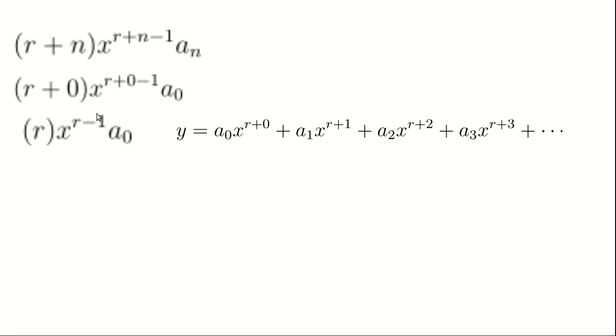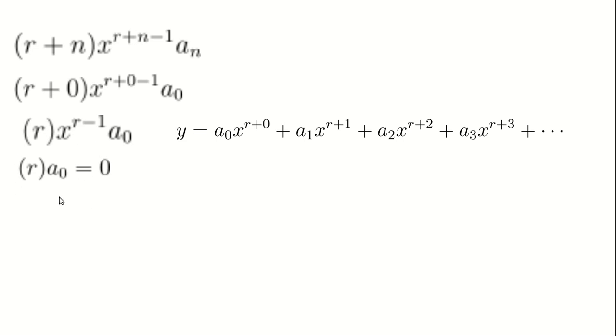You can never find x^(r-1) in this expression. So what that implies is that the coefficient of x^(r-1), which is a naught r, should be equal to 0 if this term does not exist in this expression. That leads to r a naught equal to 0. So this is the initial equation.